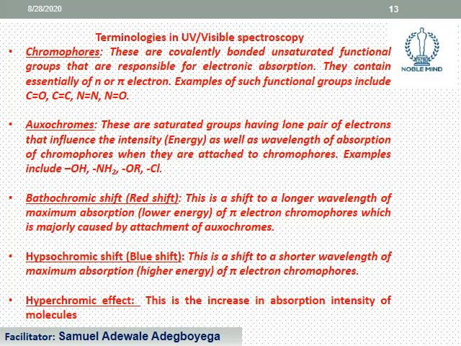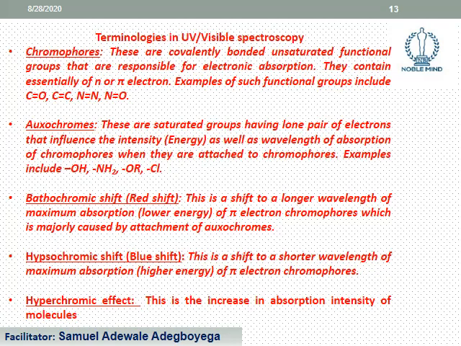Another terminology is bathochromic shift, which is known as redshift. It simply shifts to longer wavelength. And you know that the longer the wavelength, the lower the energy. We have hypsochromic shift, which is blue shift to a shorter wavelength. And what happens to energy then? The energy will be higher if the wavelength is short.